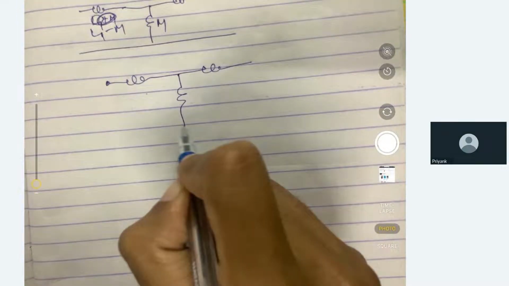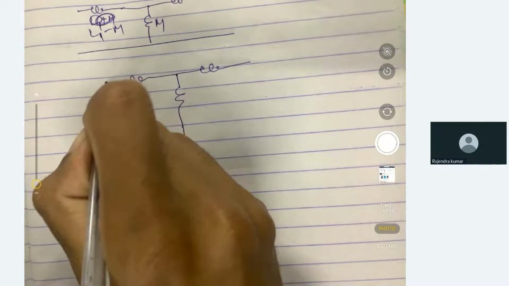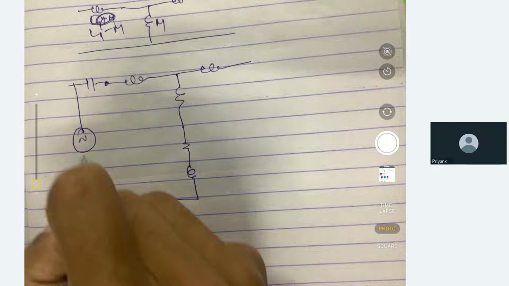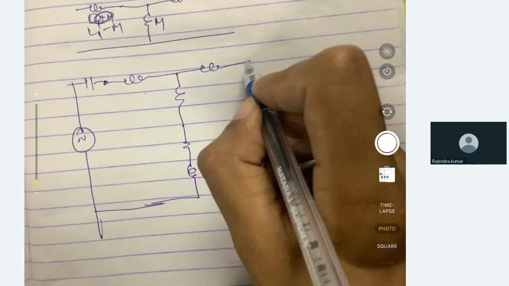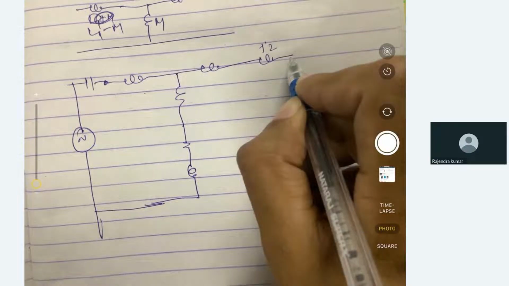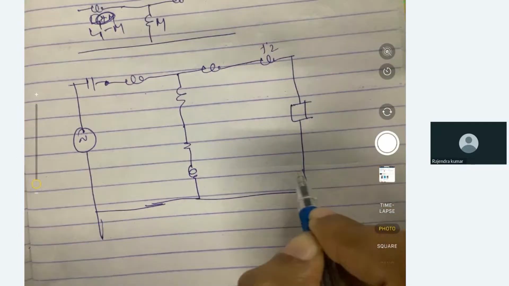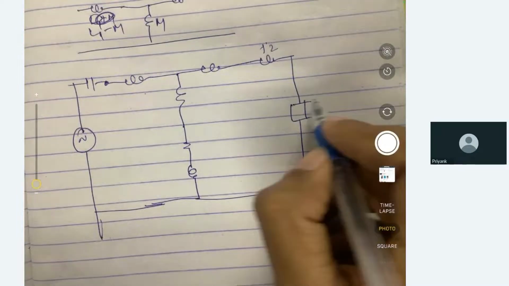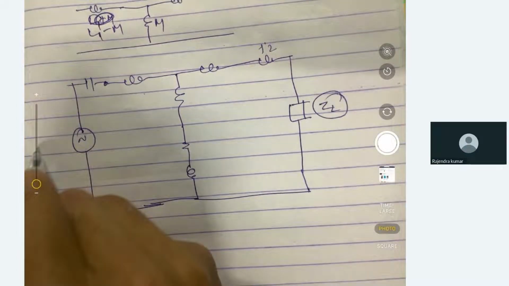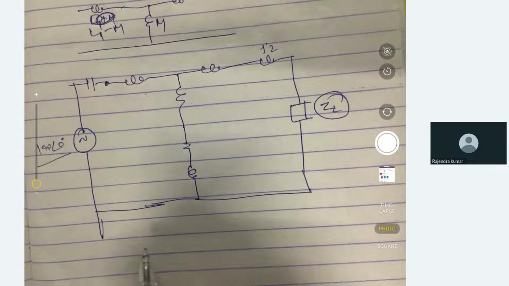Yeah. So this would be like this. This would be easier for us then. Then simply apply KVL and we can calculate it. By doing open circuit, we can calculate the short circuit voltage also. We can calculate ZTH, and by simply opening the load impedance ZL, we will calculate VOC.